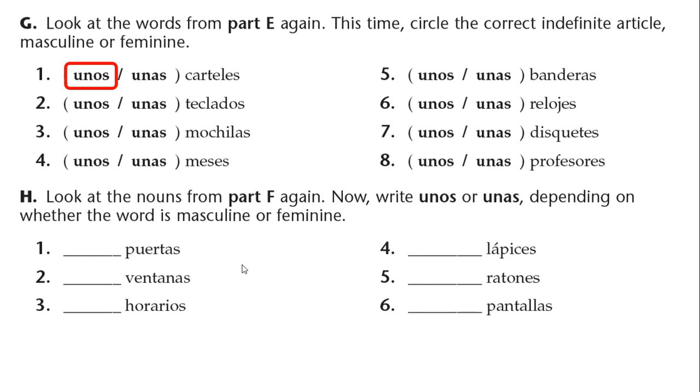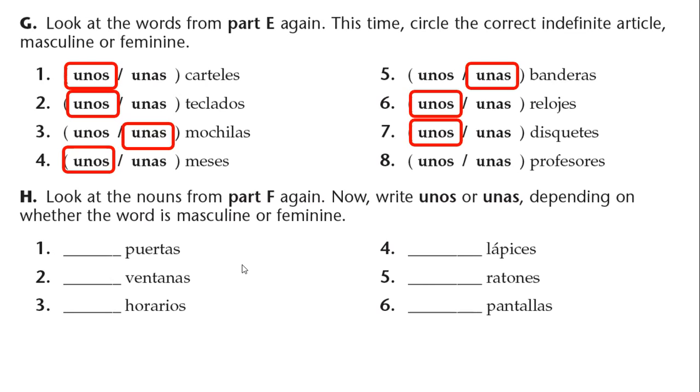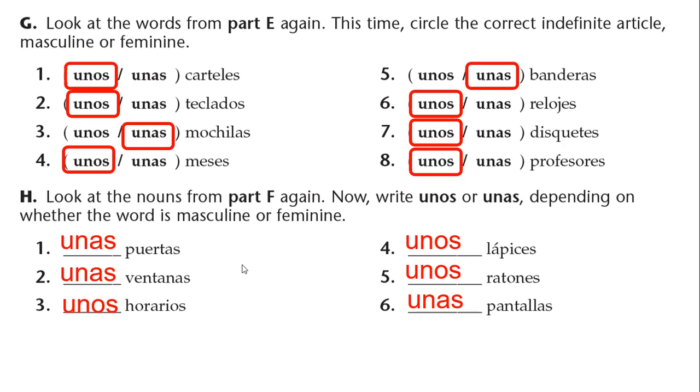You should have unos carteles, unos teclados, unas mochilas, unos meses, unas banderas, unos relojes, unos disquetes, unos profesores. And then writing out, you should have unas puertas, unas ventanas, unos horarios, unos lápices, unos ratones, and unas pantallas.